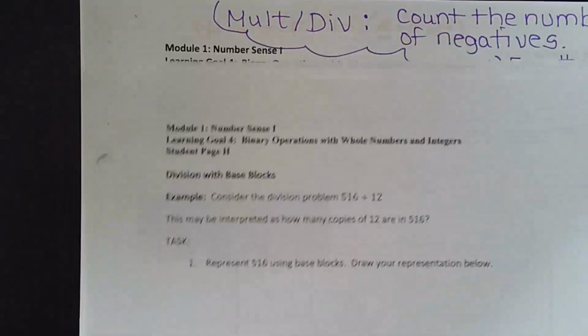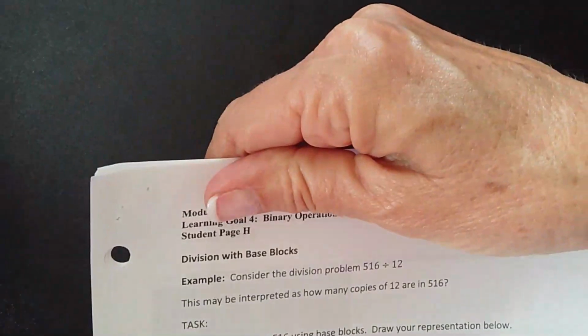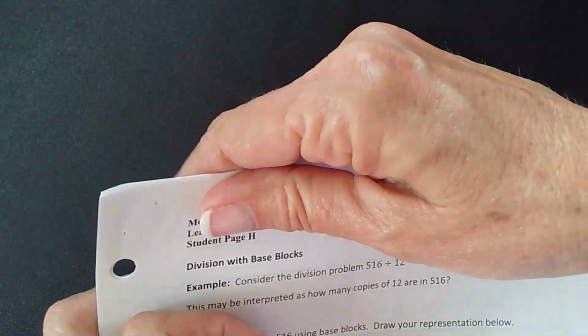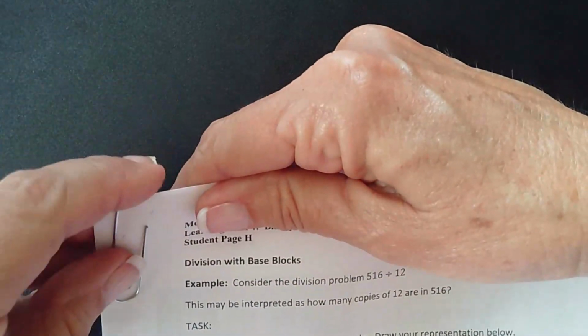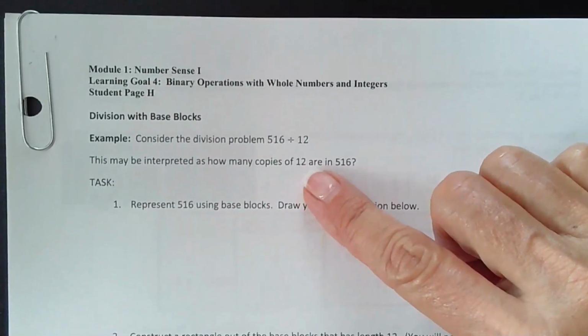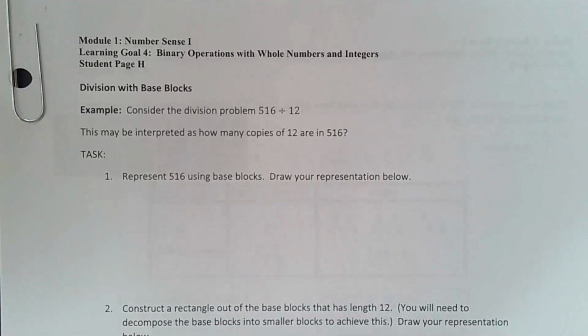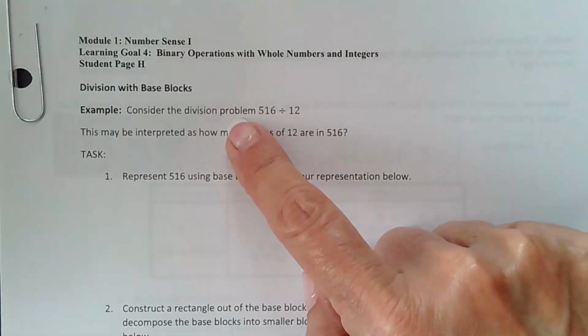Okay, I think we're on our last 2 pages. And I'm going to tell you on this, I don't do all the blocks and all that stuff. It takes forever because you have to, like on this one, you're going to have to make 516 blocks and then divide them into pieces of 12 because you want to know how many 12s are in 516.